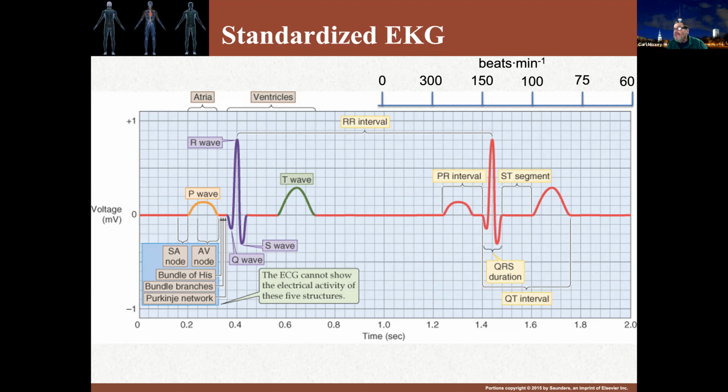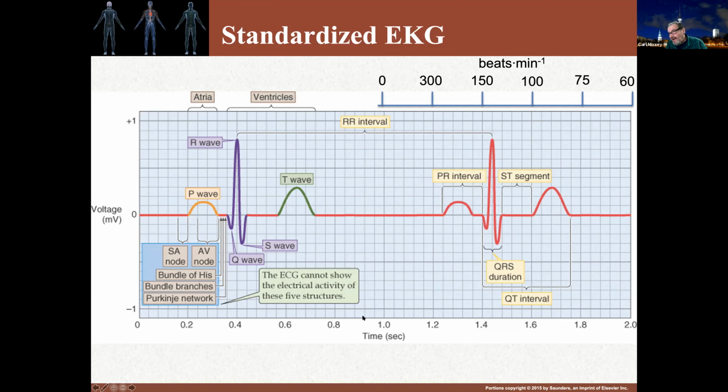Now, in terms of figuring out the rate of the heart, you'll notice that the paper, the scale that the EKG is drawn on, has these big boxes, which are 5 by 5 little squares. And each big box on the time axis represents 0.2 seconds or 200 milliseconds.